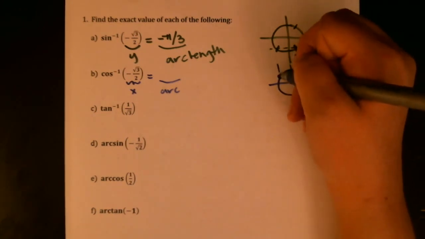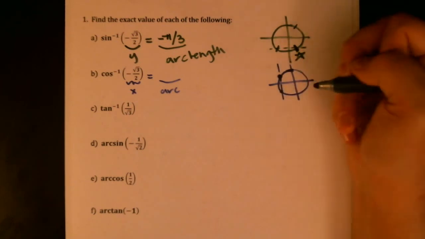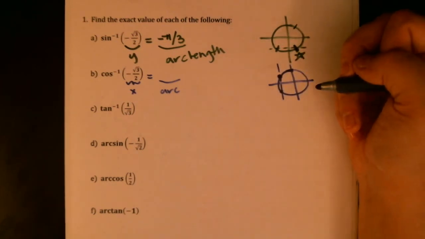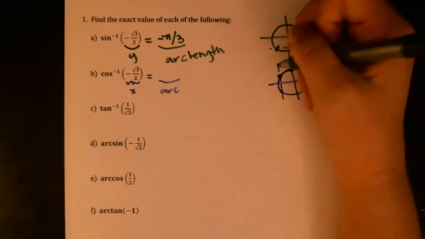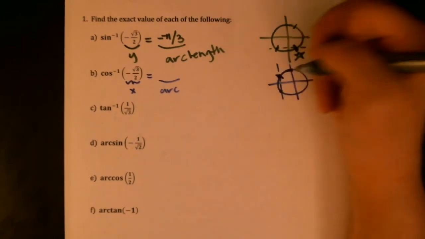So again, if -√3/2 is your x coordinate, you could really be in quadrant 2 or 3. Because this is an arccosine doing the asking, it will automatically force you into quadrant 2.